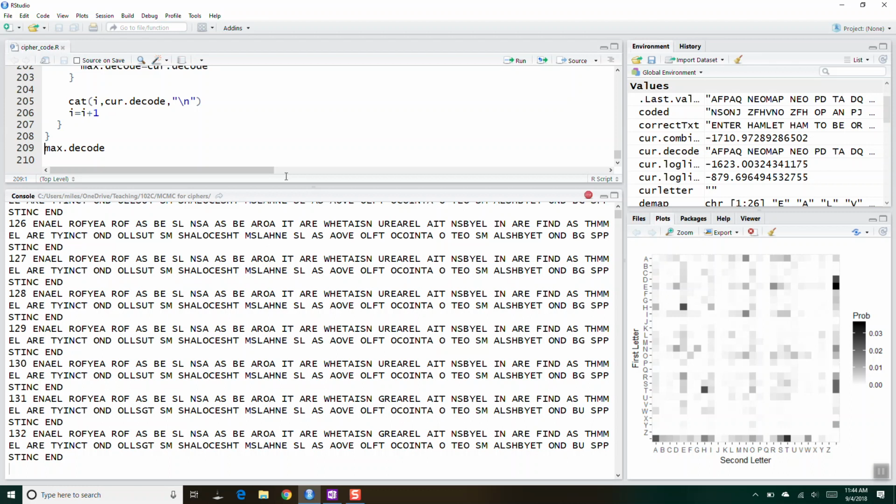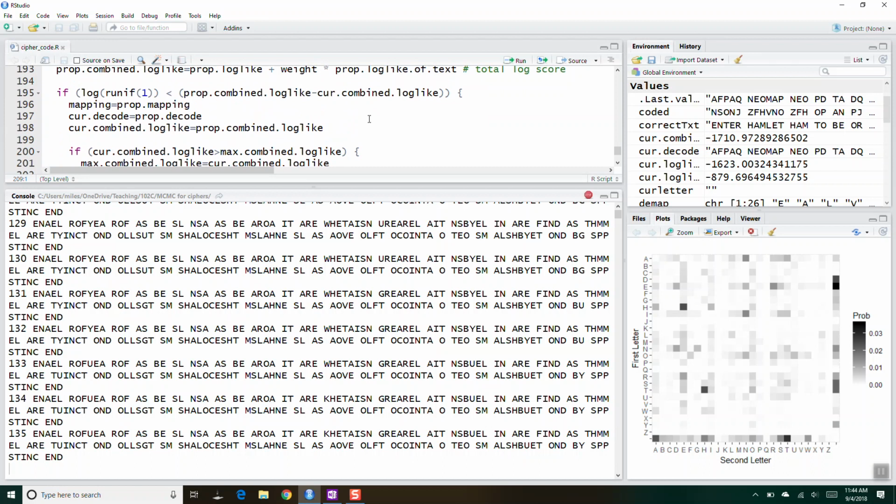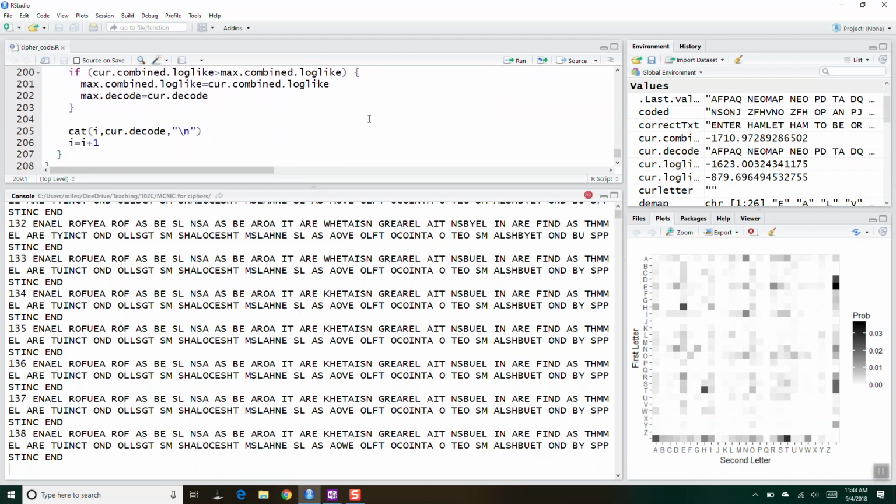And I just made a change to my code, so I don't know if that messed anything up, but we'll let it run.